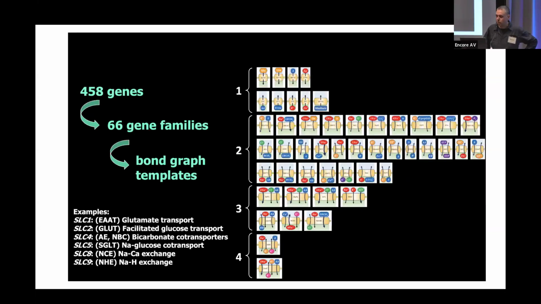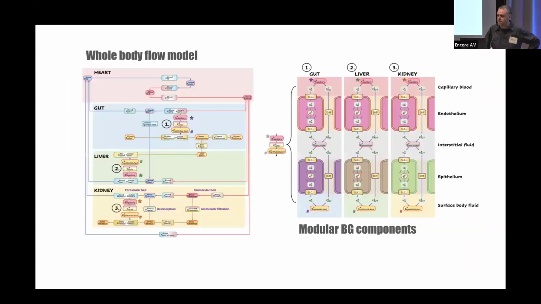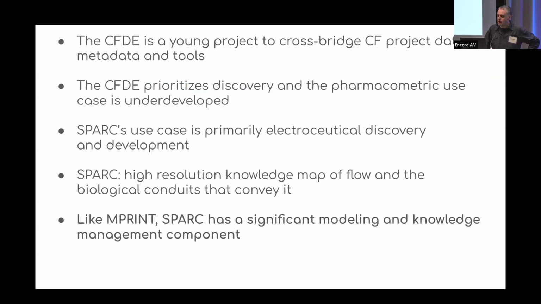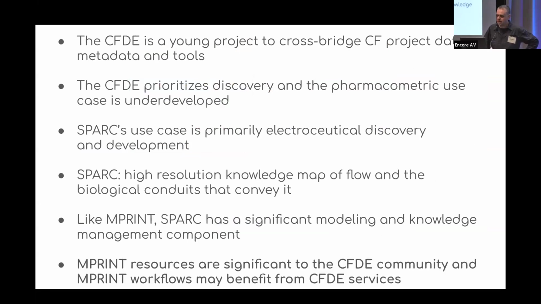And right now, we're well on the way to creating bond graph models for all SLC proteins, and we're of course looking at representing other transporters in the near future. So again, it would be interesting to explore connectivity between what is happening here and the InTech effort that was described yesterday.